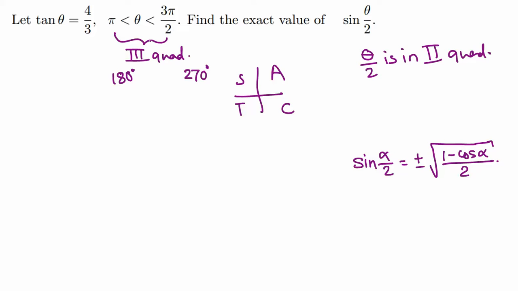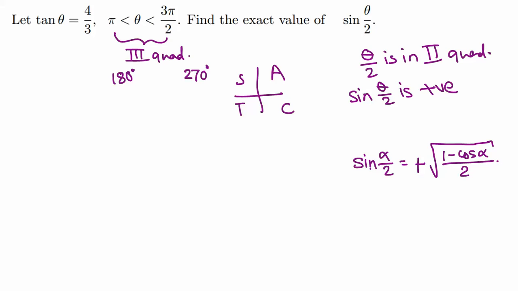We found that theta over 2 is in the second quadrant, so sine is positive. Out of positive and negative, we use the positive part.